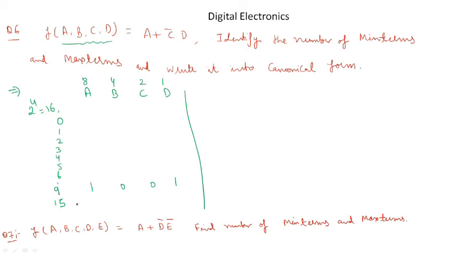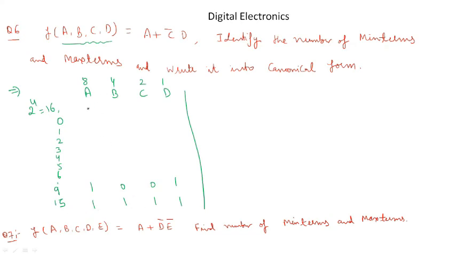Similarly, suppose I write it for 15. I will write 1 here, which has the weight 8. Now I will write 1 here, which has the weight 4. So 8 plus 4 is 12. Then I will write 1 here, having weight 2, so 8 plus 4 plus 2 is 14, and then I will write 1 here, so 8 plus 4 plus 2 plus 1 makes it 15.